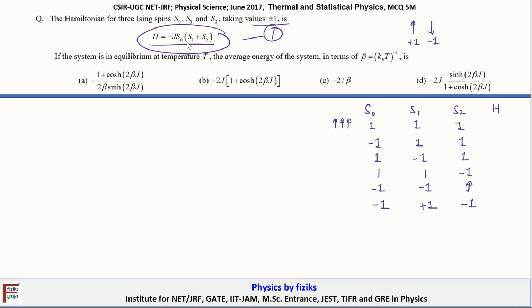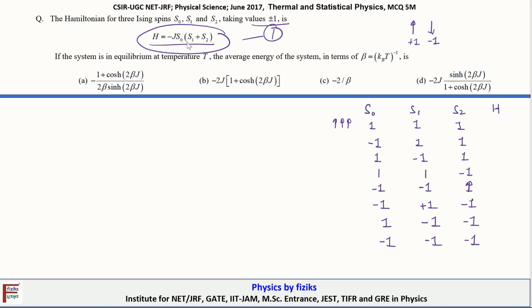This is 1 basically. Minus 1, plus 1, minus 1, and then 1, minus 1, minus 1, and all spins pointing in the downward direction. Let's count how many options: 2, 4, 6 and 8. Yes, there should be 8.